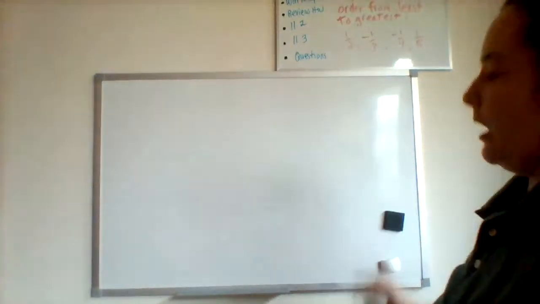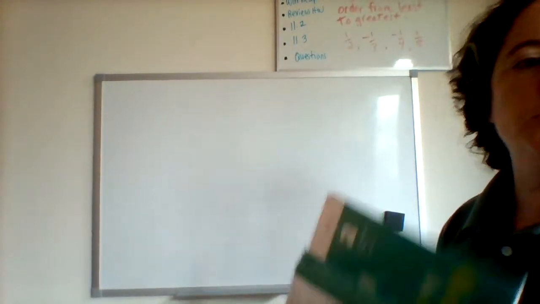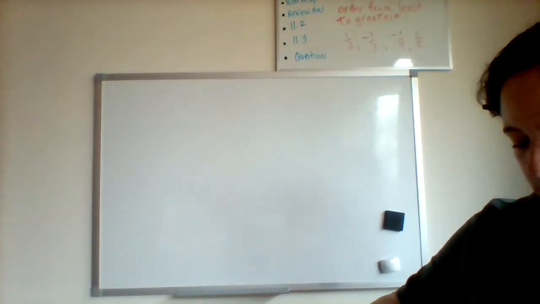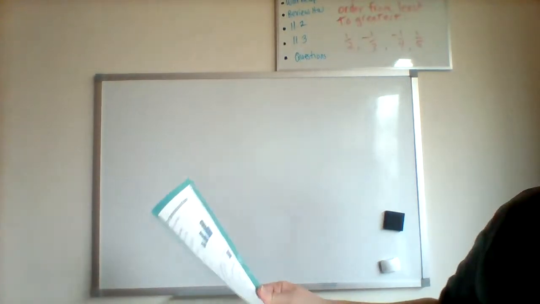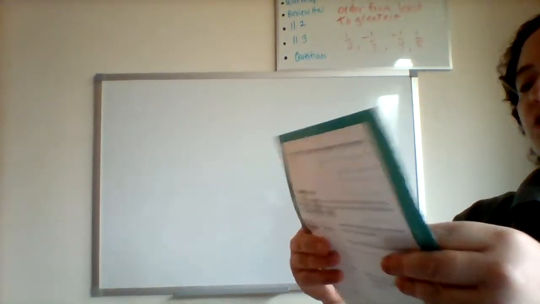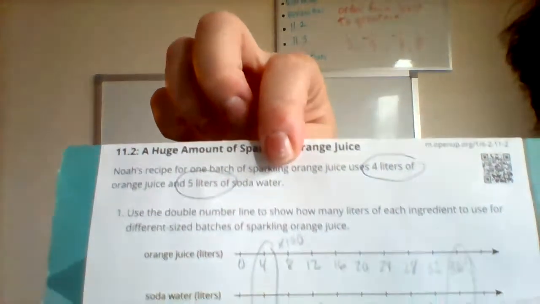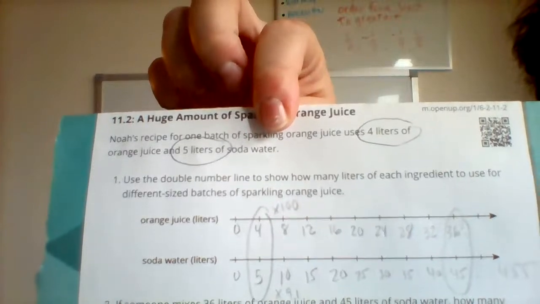Now you might be wondering, where do you start, right? Since they're telling you the 4 and the 5 right off the bat, that's how I want you to count.